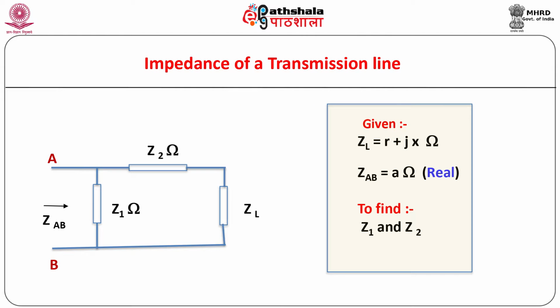Consider the network as shown where ZAB is real. Here, the impedances Z1 and Z2 connecting network terminals AB and the load with impedance ZL are to be selected in such a way that the terminal impedance ZAB will have the desired value for the given load impedance ZL.